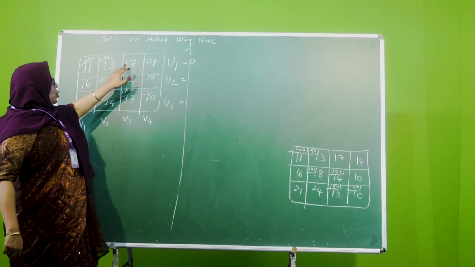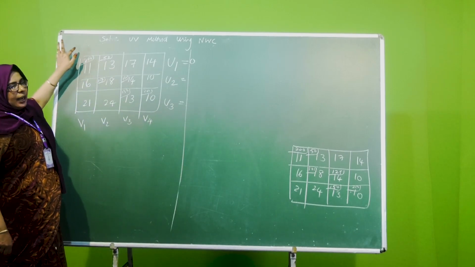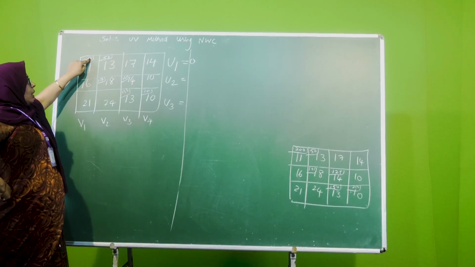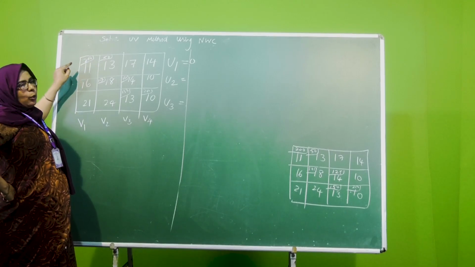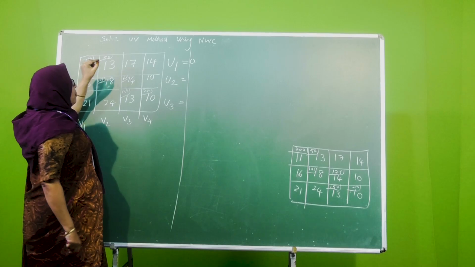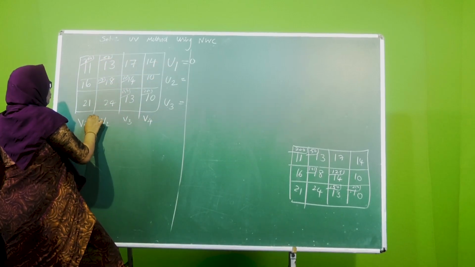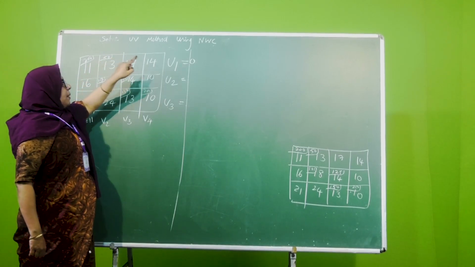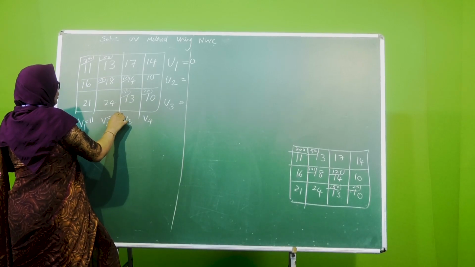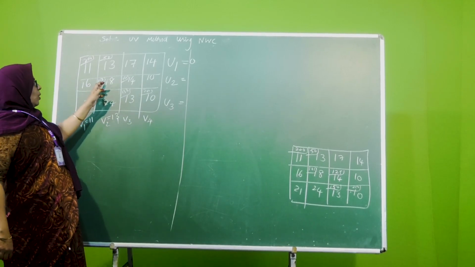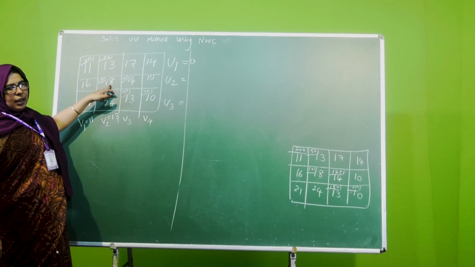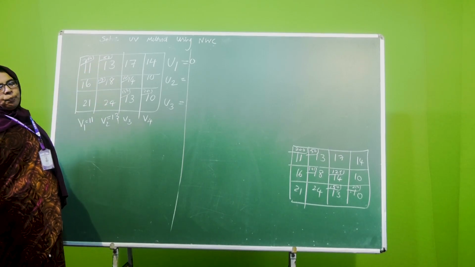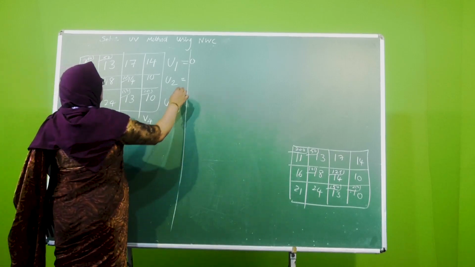U1 equals 0. Looking at the original allocated cells: the allocation 200 has cell value 11, so 11 minus 0 is 11. The allocation 50 has cell value 13, so 13 minus 0 is 13. The allocation 175 has cell value 18, so 18 minus 13 is 5.